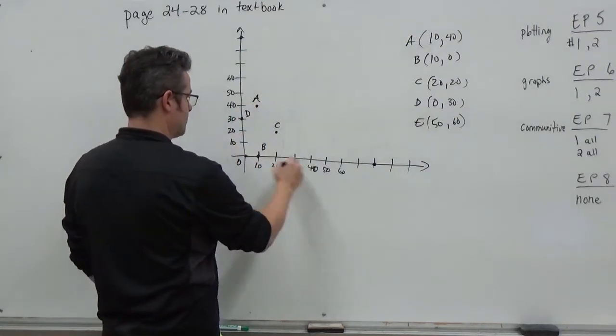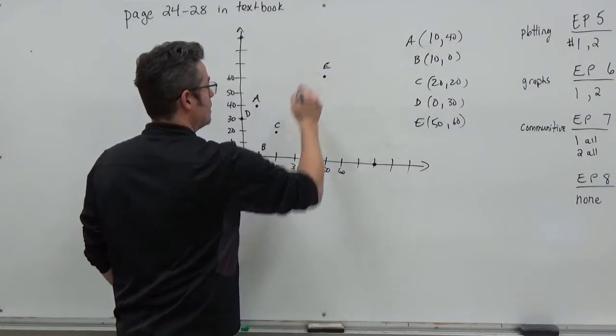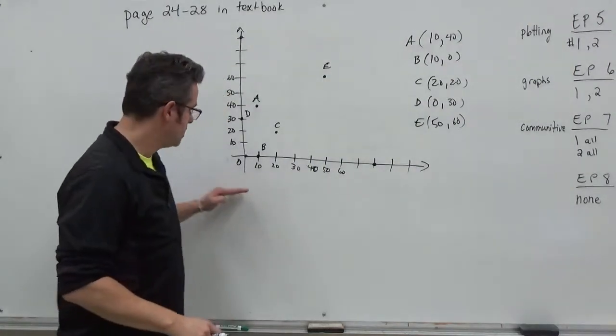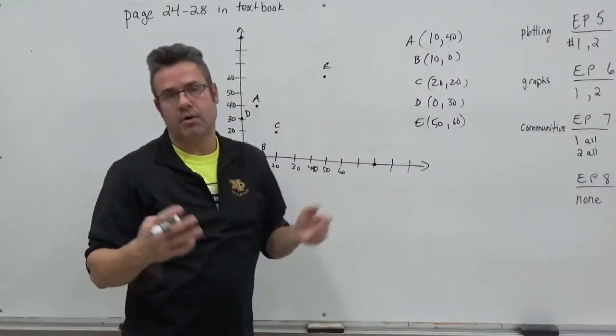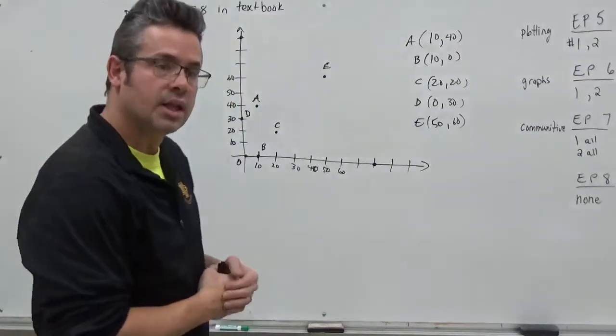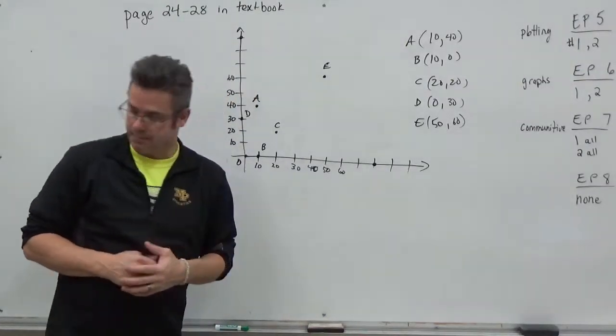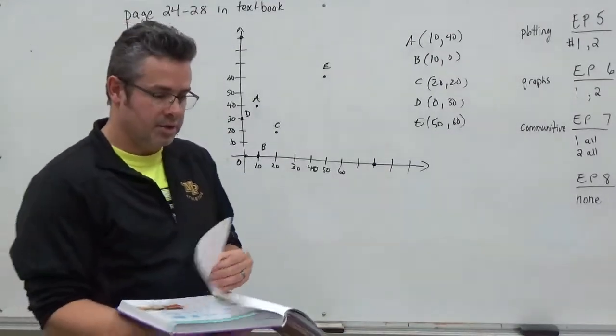And E is (50, 60). So the tricky part to that question is labeling the graph. The actual plotting of the points is the same as with the smaller numbers, but it's the labeling of the graph that can be a little tricky. So, those are the different types of questions you're going to run into.